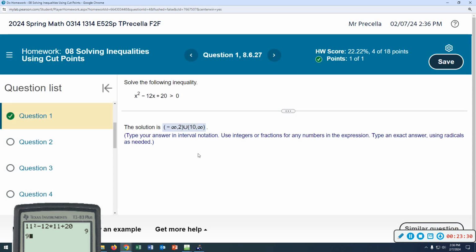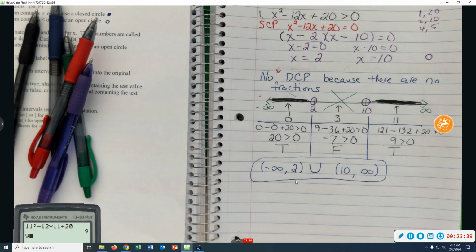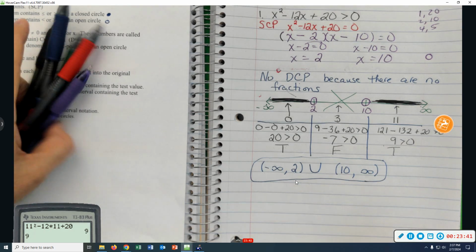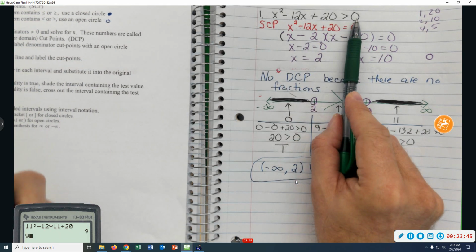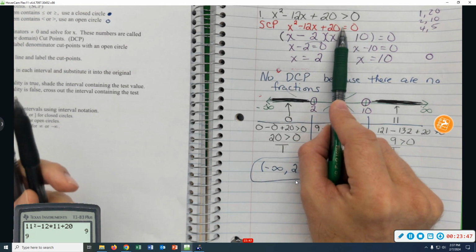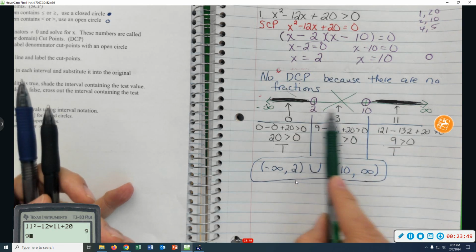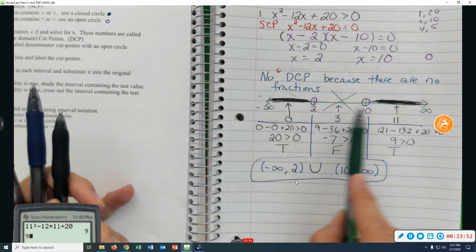If you're wondering why this is working, if you stop and think long and hard enough, you want to know when this stuff is greater than 0. Well, find where it equals 0. That's what we did here and here.